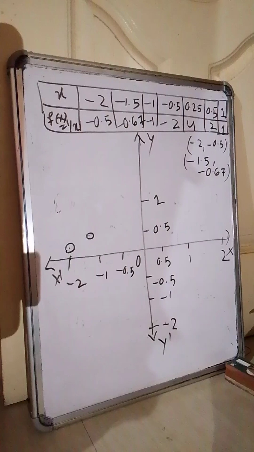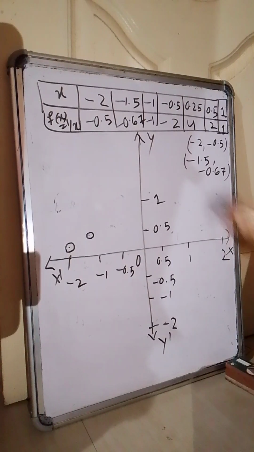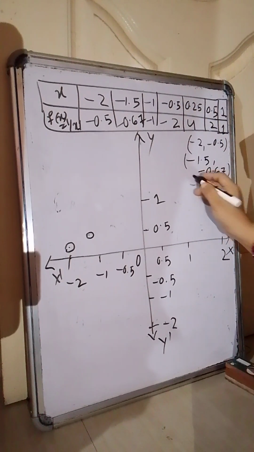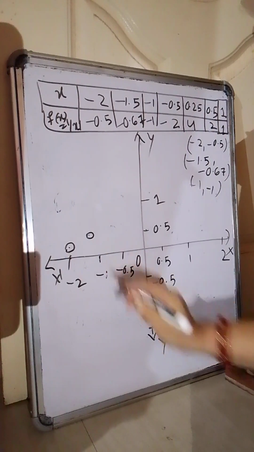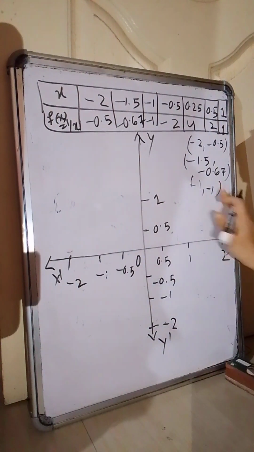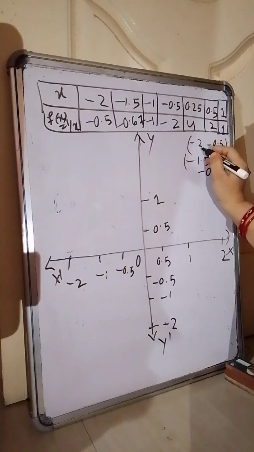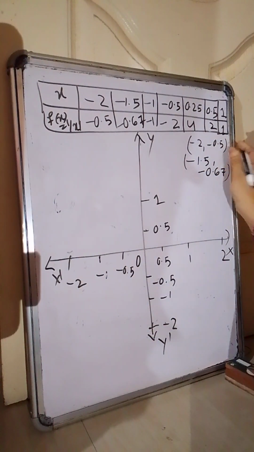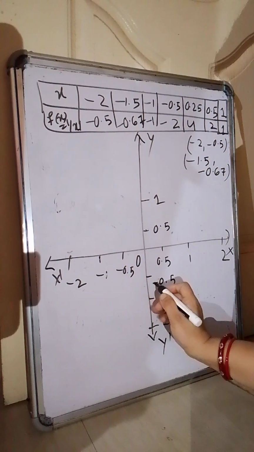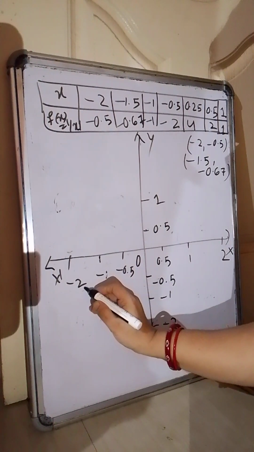Now similarly, when x is minus 1, y is also minus 1. Minus 1, minus 1. Sorry, here. This is when x is minus 2, y is minus 0.5. This minus 0.5 is here.